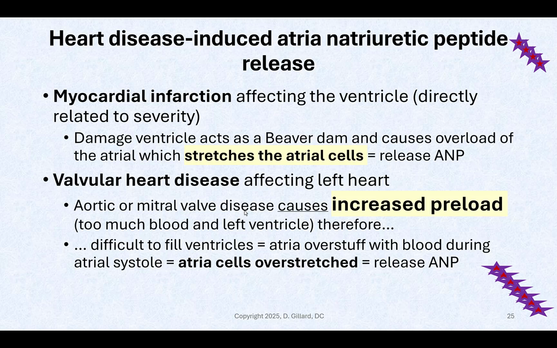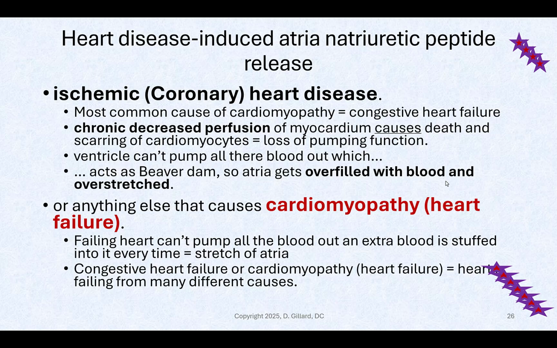And so when the next cycle starts, you're going to overfill the left ventricle, and some of that blood is going to overfill the right and left atria and overstretch them. The beaver dam is the ventricles, and the traffic jam and the backup affects the atria, then it goes into the lungs, and we know that whole story. So overstretched atrial cells release ANP.